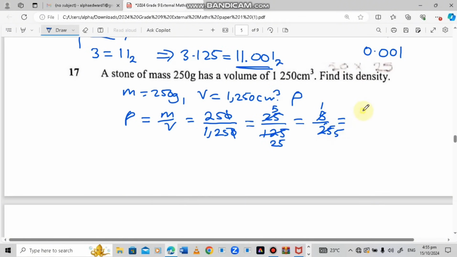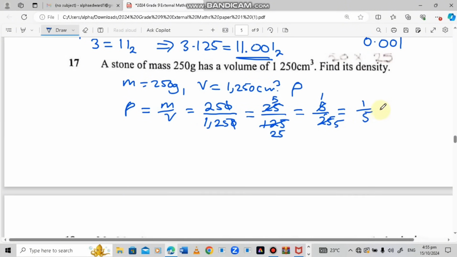So we are having 1 over 5. This is same as 5 into 1 is 0, then point. Add the point there, then add the 0. 5 into 10 is 2. So the density is 0.2 grams per cubic centimeter.